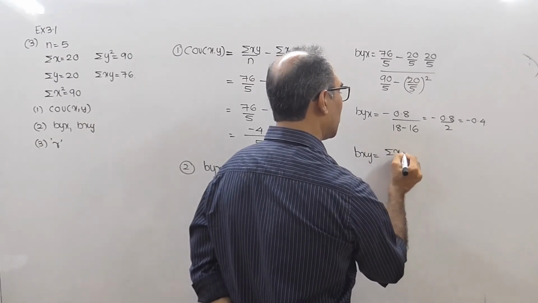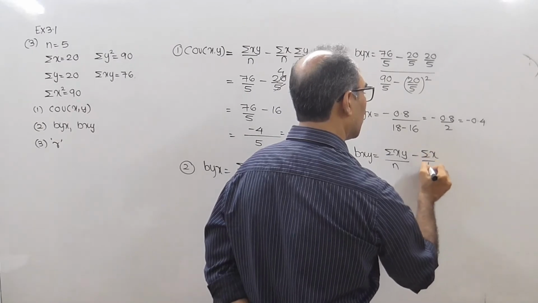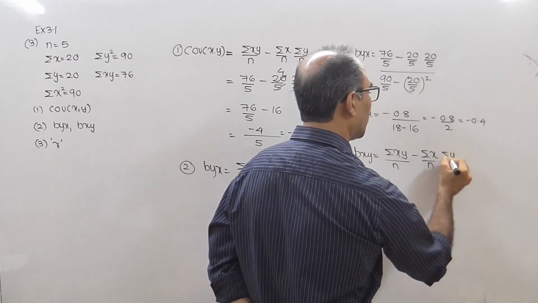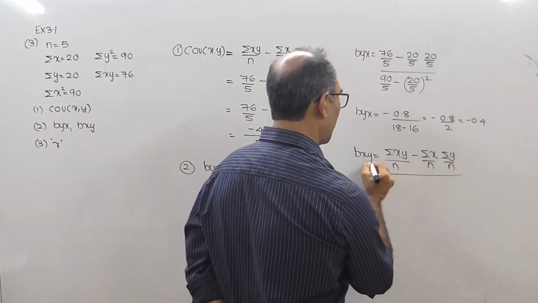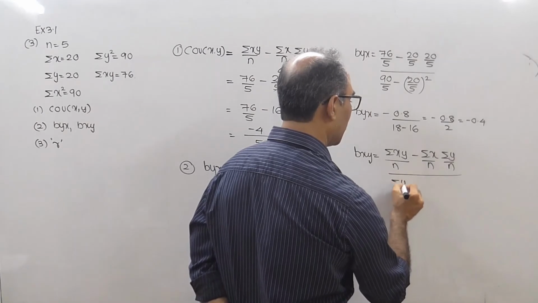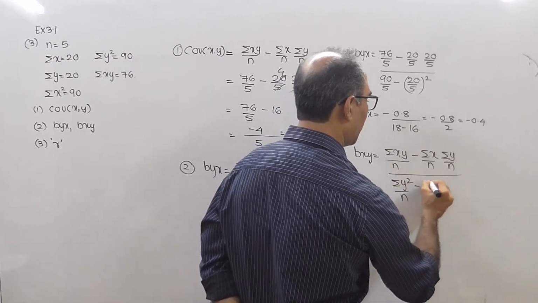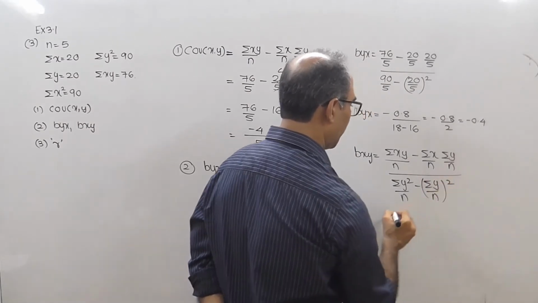Bxy is nothing but sigma xy upon n minus sigma x upon n into sigma y upon n, the whole upon, last alphabet नीचे इधर y है तो नीचे हम लोग लिखेंगे sigma y square upon n minus sigma y upon n the whole square.